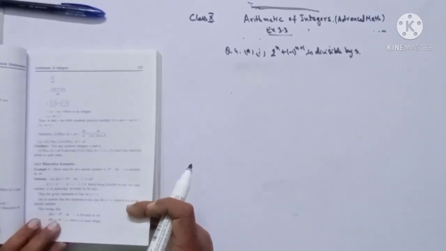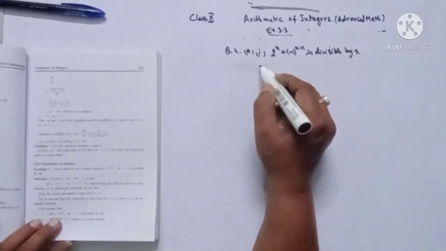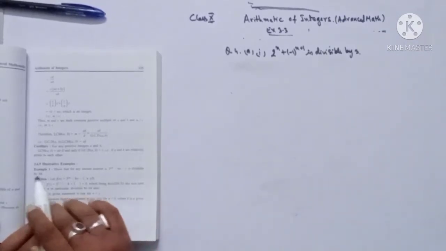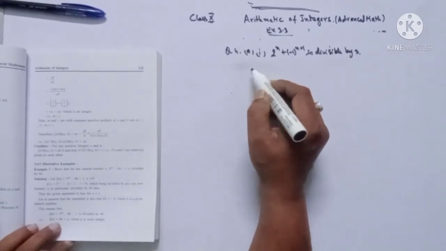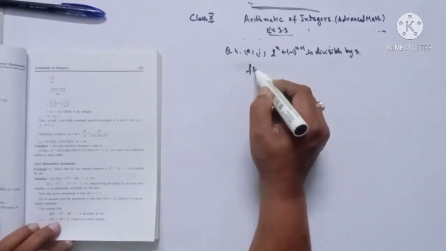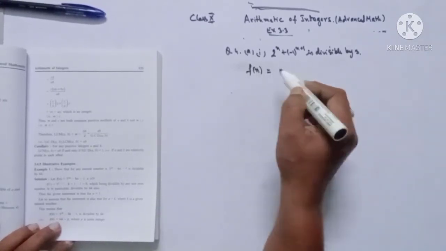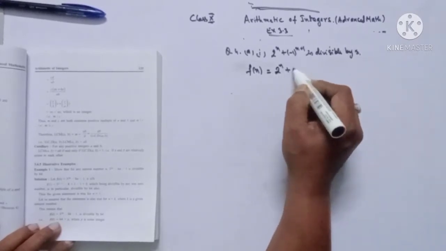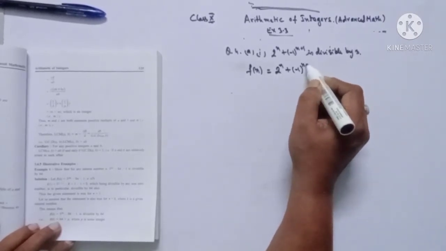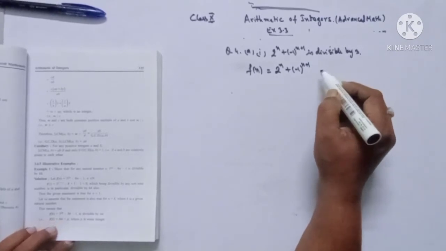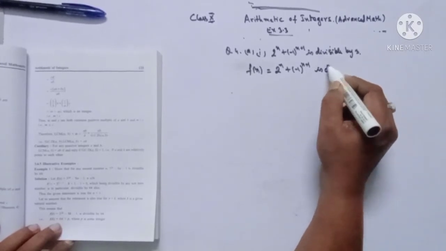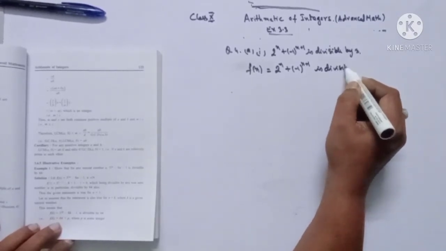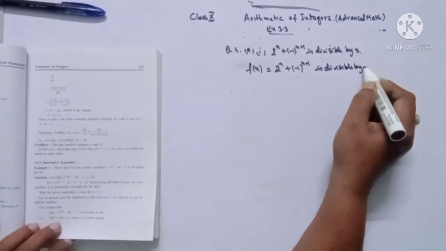That is, first of all I am going to represent it as in example 1, the mathematical induction process they have used here. So Fn is 2 to the power of n plus minus 1 to the power of n plus 1, is divisible by 3.